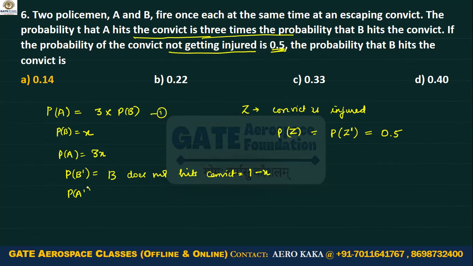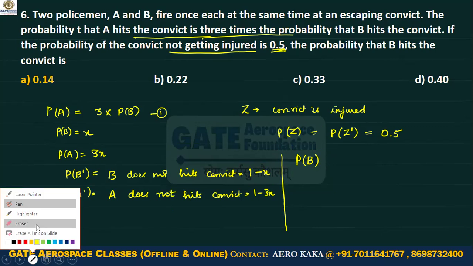Similarly, P of A prime, which is A does not hit the convict, becomes 1 minus 3x. So I got this entire thing. I'll find out the probability that B hits the convict. Okay.